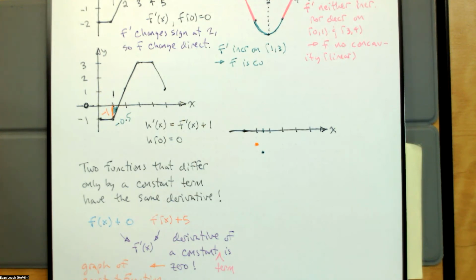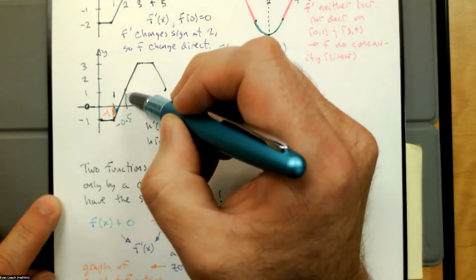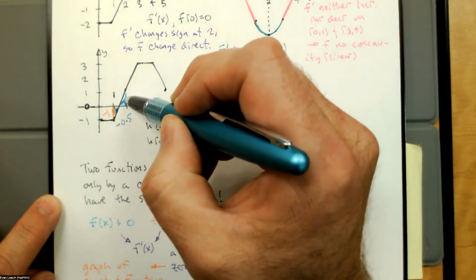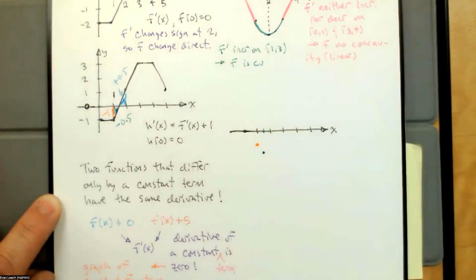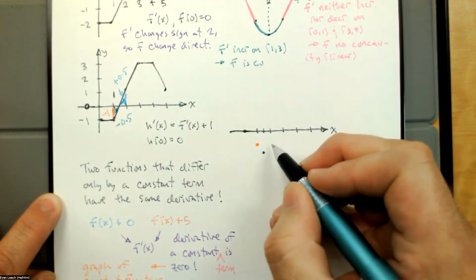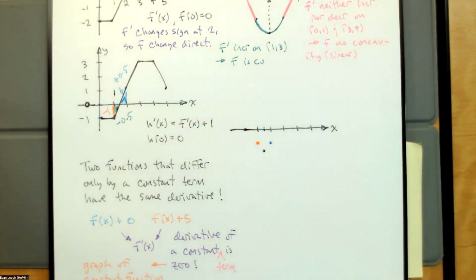And then from 1.5 to 2, we'll see an increase of 1/2. Already we can see the shape of h is very different. We still have an opening linear piece, but that little dip where the minimum is doesn't happen at 2. It happens at 1.5, and it's a much smaller dip.